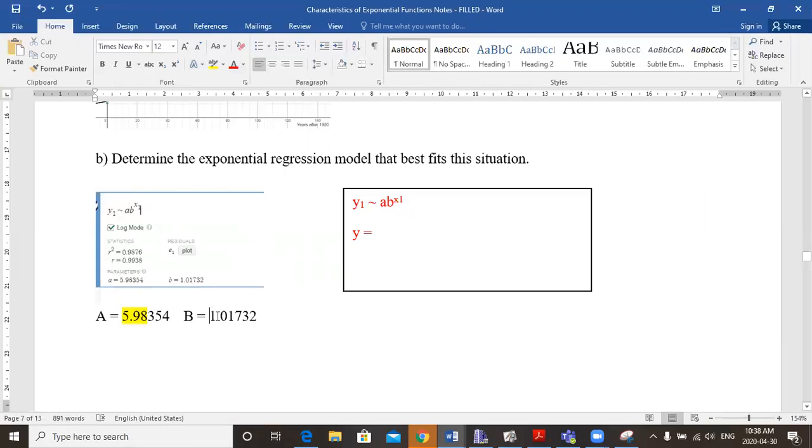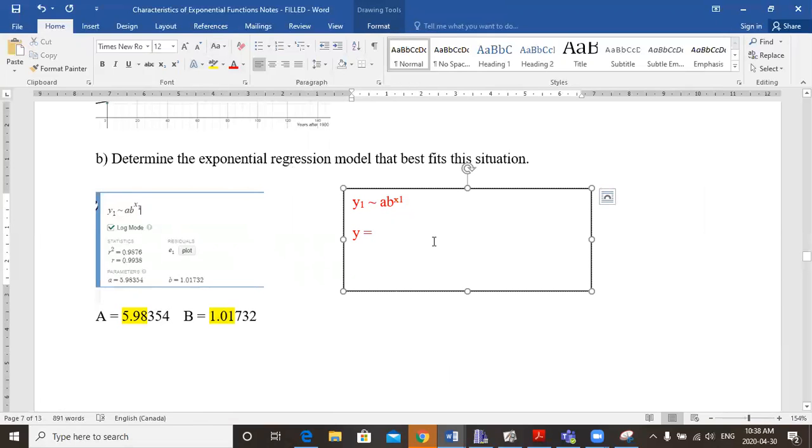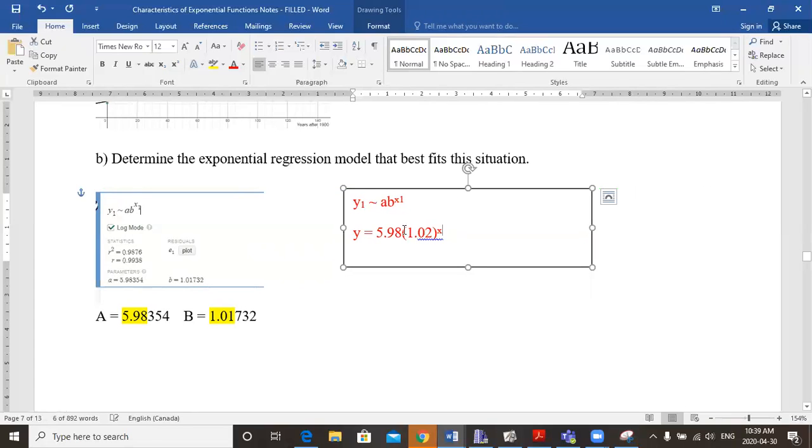And we want the b value to 2 decimal places. So 5.98 times bracket 1.01, the 1 rounds up to 2, so 1.02, to the power of x. And that would be our exponential regression model that best fits the situation.